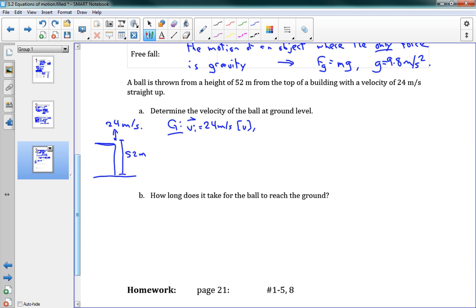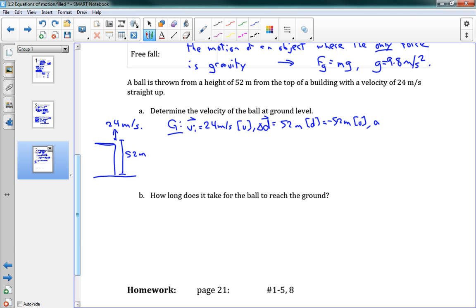We know delta D. Displacement is going to equal 52 meters down, which is the same as saying negative 52 meters up, because the ball ends up on the ground, so it needs to go down 52.